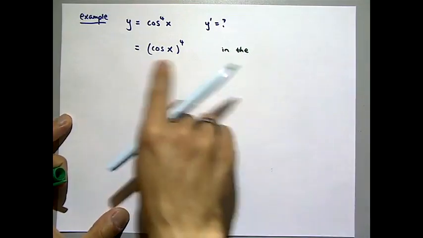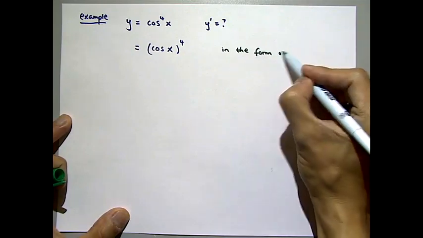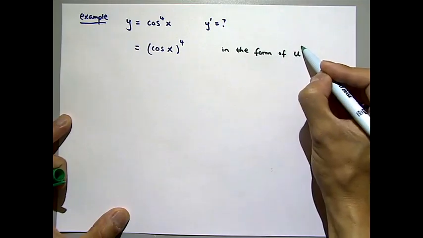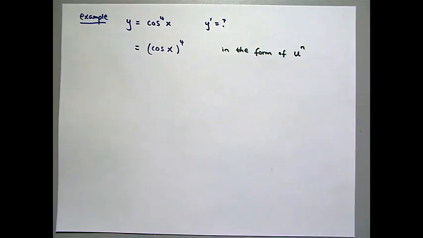So now notice what we have here is in the form of u to the n. And we know how to handle u to the n. We pretend u is an x, apply the power rule, and then we account for the fact that u is not just an x.